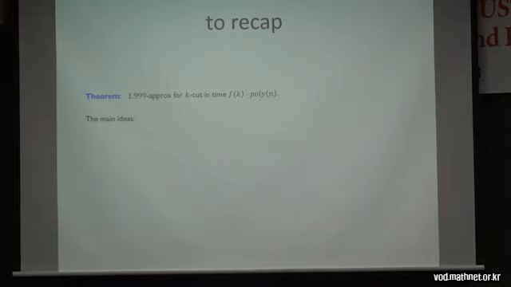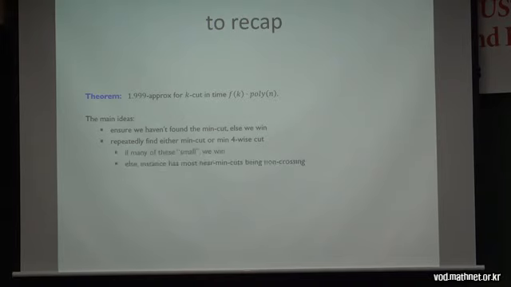So to recap this part, I sketched the brief ideas behind the better than two approximation algorithm. The main idea was to ensure that we haven't found a min-cut, else we win. And then we find either a min-cut or a min 4-way cut. If many of them are small, then we win. Else the instance has most near min-cuts being non-crossing.